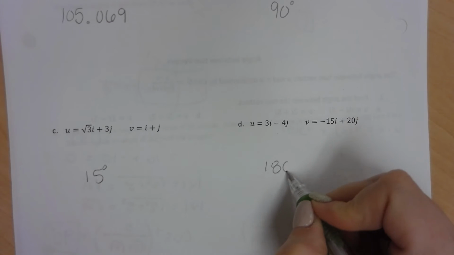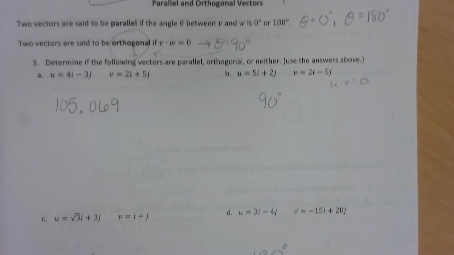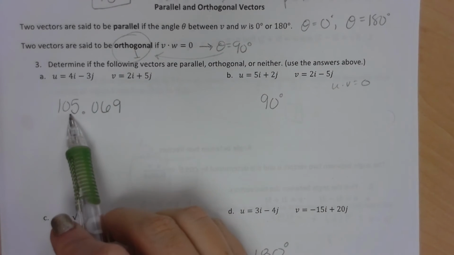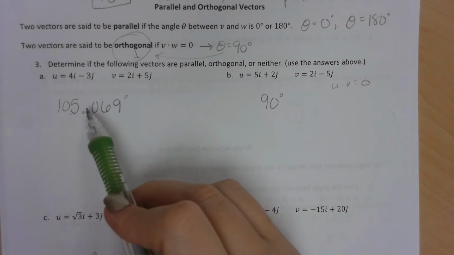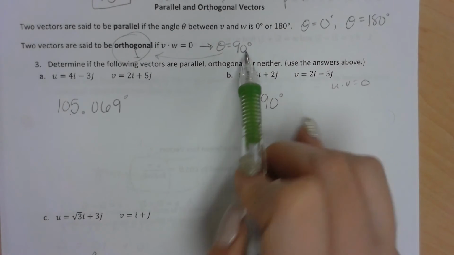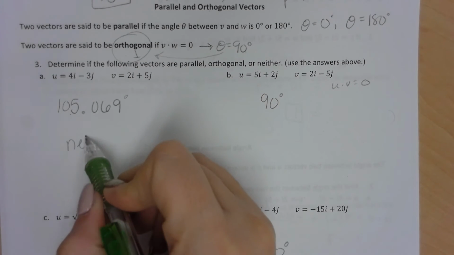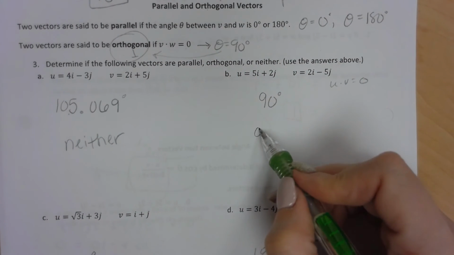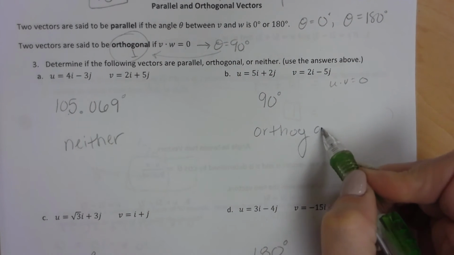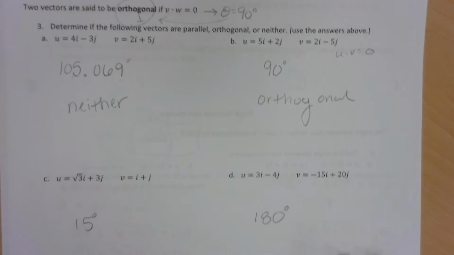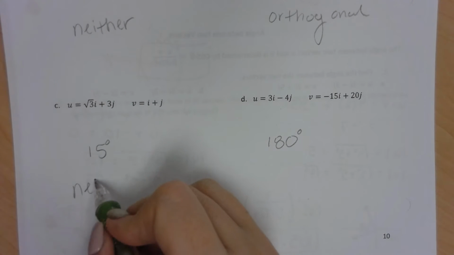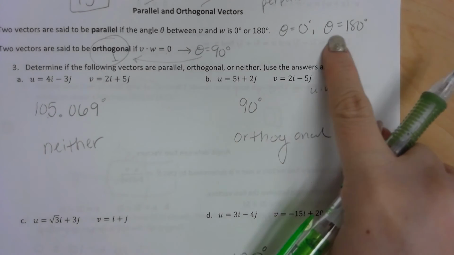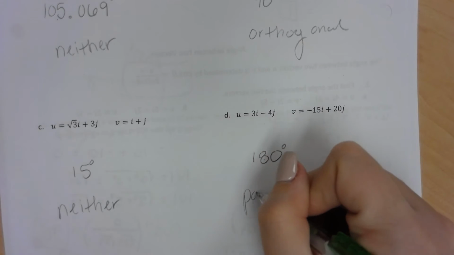Okay, we should have gotten 180 degrees. So if it wants to know, are they parallel, orthogonal, or neither? If I look here, it's 105 degrees. Well, 105 is not 0, it's not 180, and it's not 90, so that would be neither. 90 would be orthogonal. 15 would be neither, and 180 would be parallel, right? 0 or 180 is parallel.